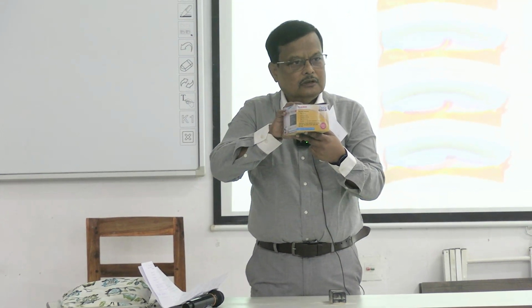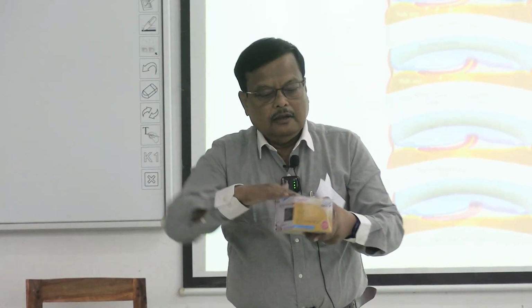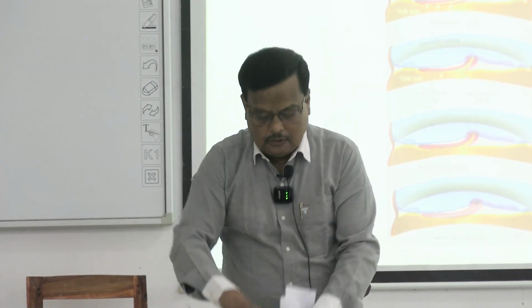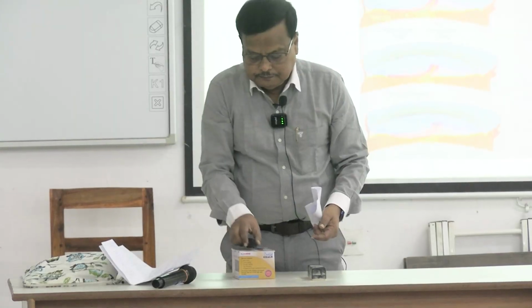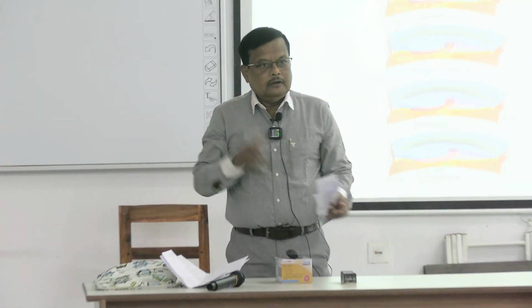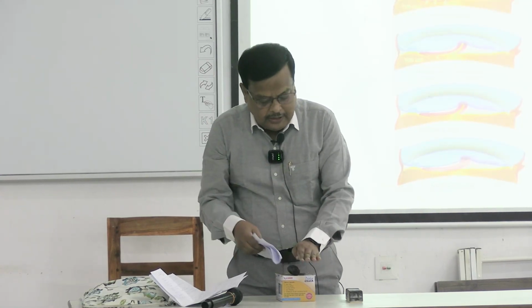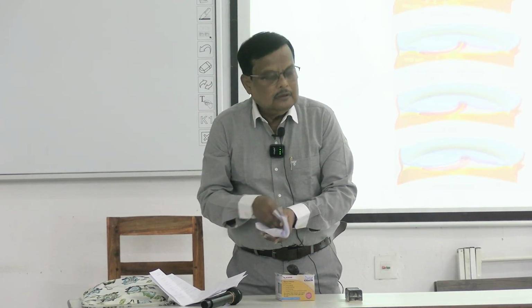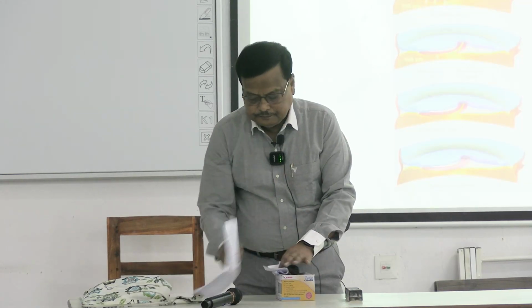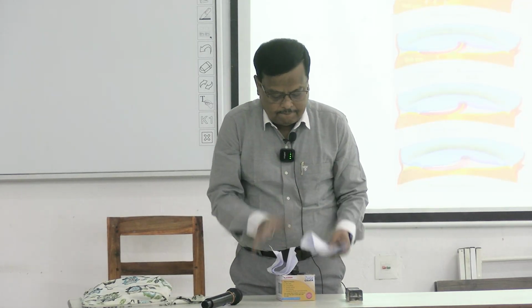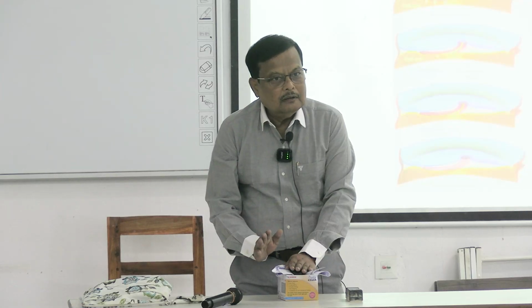So it is the yolk sac, it is the endoderm. So it is the notochord, right? And this is the ectoderm. So in the midline there will be no mesoderm, but on either side mesoderm is present. Clear?